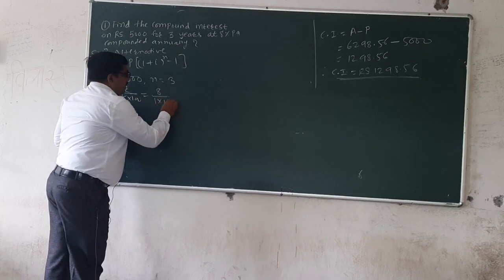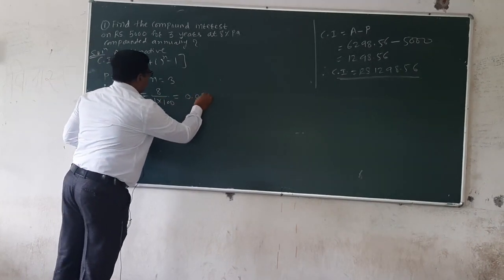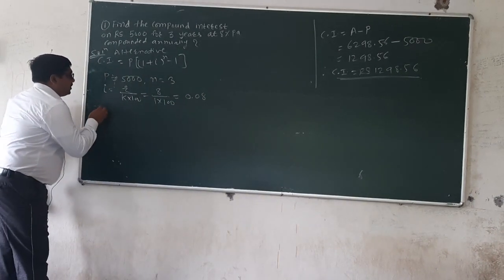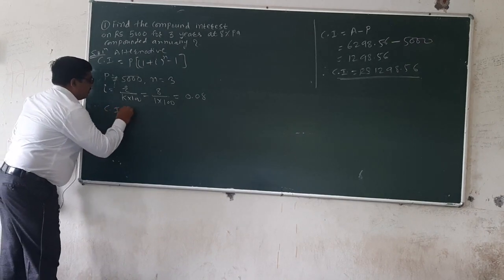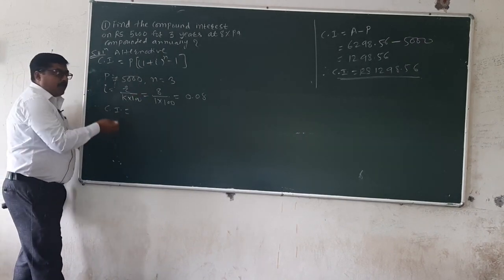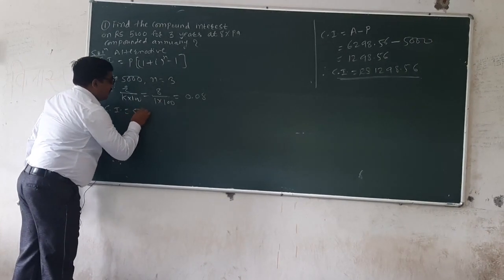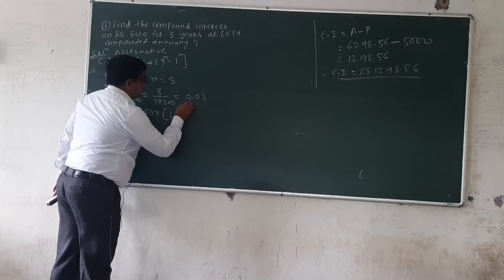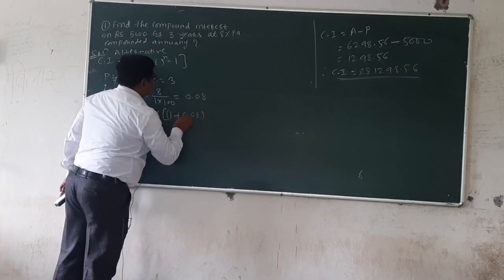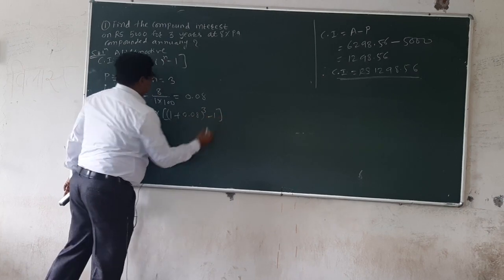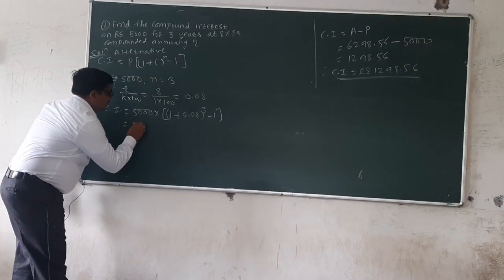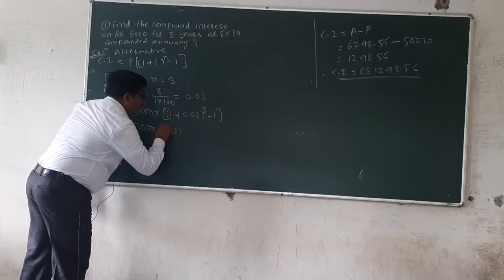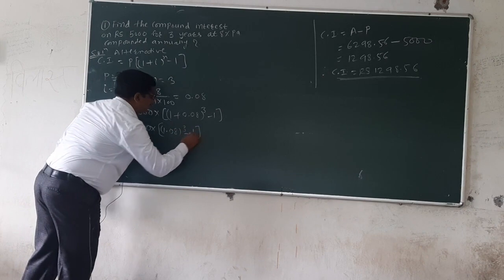So 8 upon 1 into 100 is 0.08. This is your I. Now if you put this value into the compound interest, compound interest equal to rupees 5000 into 1 plus 0.08 raised to power 3 minus 1.